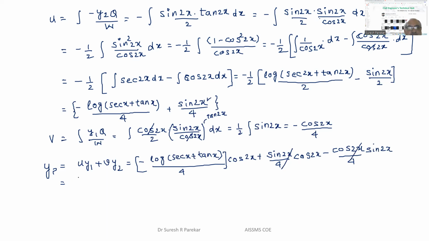And we have yp equal to minus cos 2x upon 4 into log of sec 2x plus tan 2x.